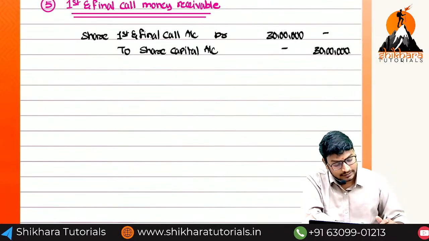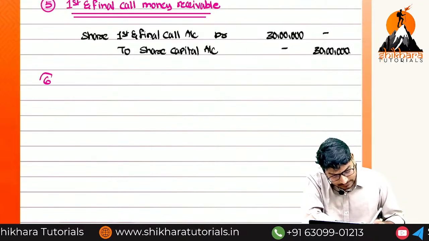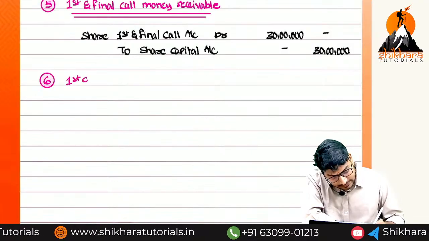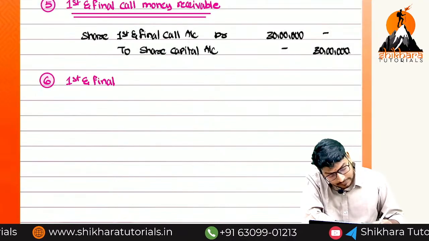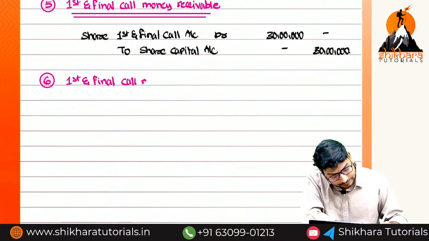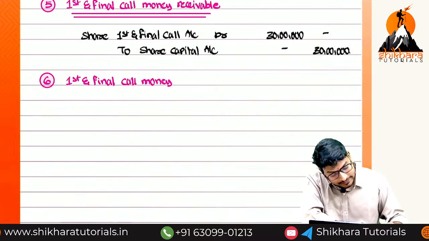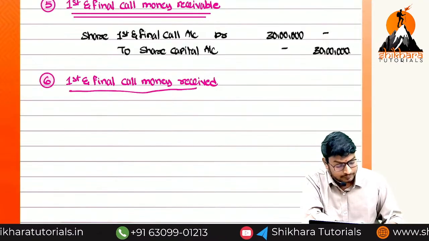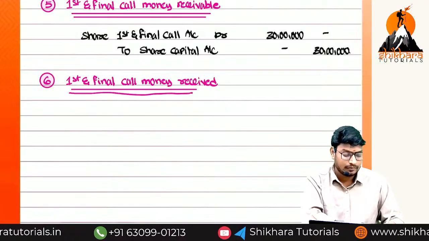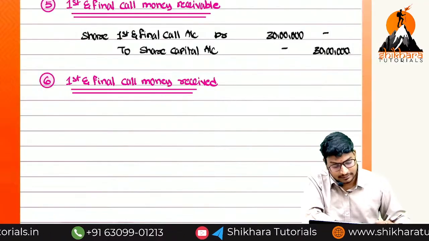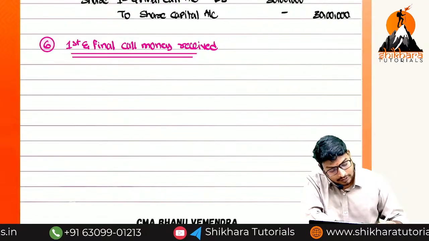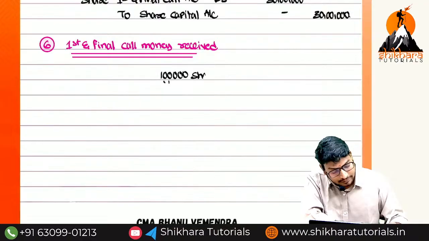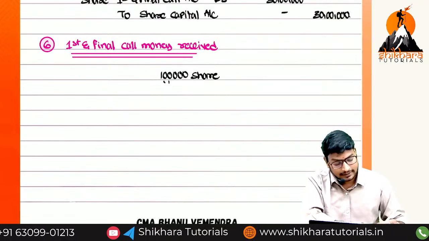Next, this is the main entry, the sixth one: first and final call money received. Stop writing and listen, this is more important. We have issued 1 lakh shares in total.